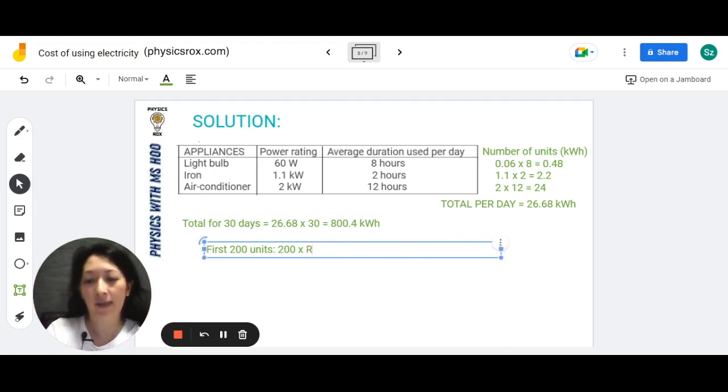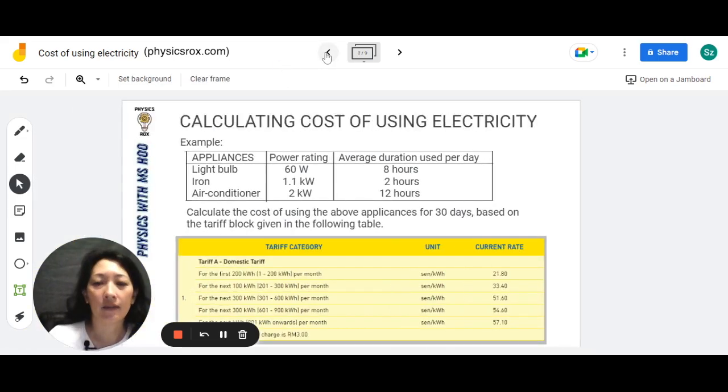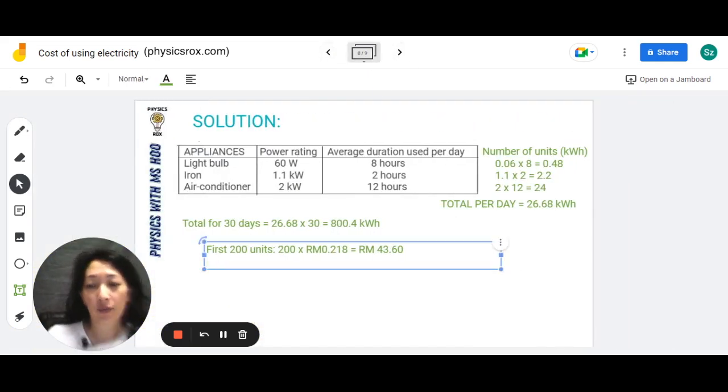cents. I'm going to write this as RM 0.218 to make it easier for calculation. So obviously this one would be 43.6. So I'm going to write that here, 43.60. Now, the next 100 units. So 800.4, next 100 units.